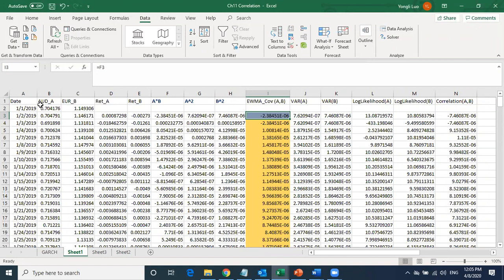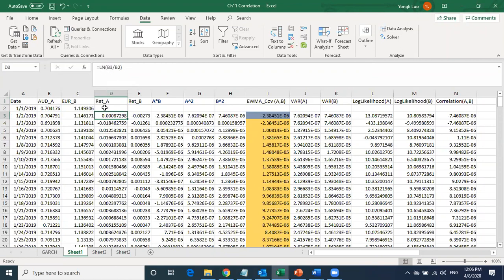I use Australian dollar and euro, so we have two different series of data. Or you can use two different stocks. This is the return. Based on the adjusted closing price, you calculate return. I use log return.